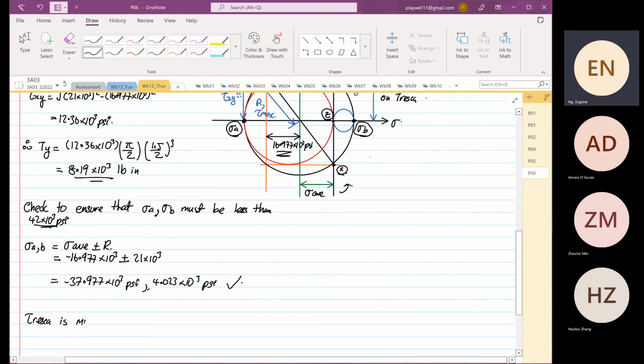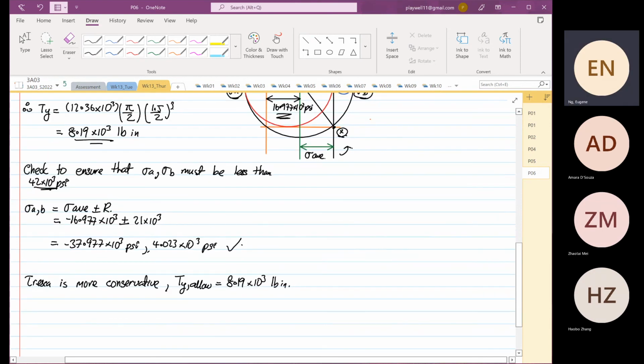So what we realize is Tresca is more conservative, because the allowable torque Y is equal to 8.19 times 10 to the power 3 pound-inch.